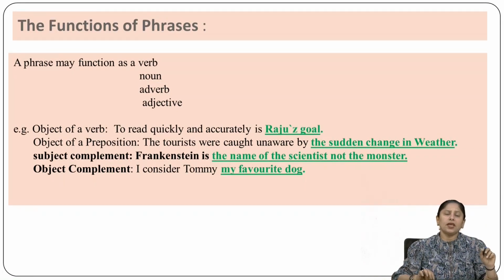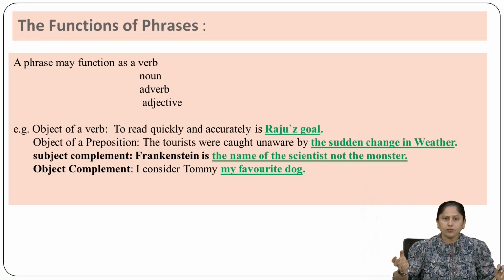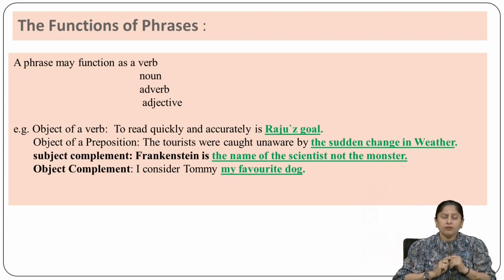Here it is the same thing mentioned over here. A phrase may function as a verb or as a noun or as adverb or as adjective, and how it is functioned, how it is utilized, that we have to see over here in examples. Object of a verb. To read quickly and accurately is Raju's goal. Look, this is merely an example sentence.